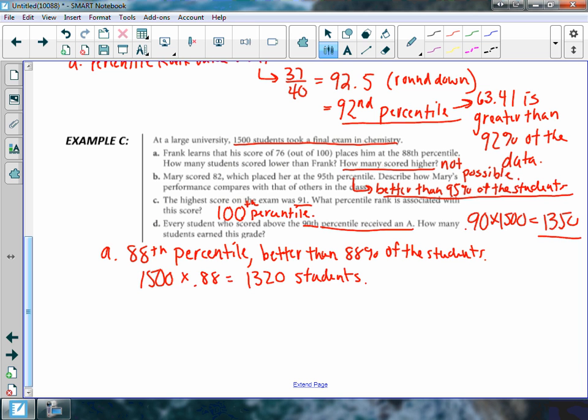So percentile rank is all about who you did better than. And since it's who you did better than, we might have to revisit letter C. Initially, you probably thought that this person would be in the 100th percentile. But if you have the highest score in the class, technically, you didn't do better than one person.